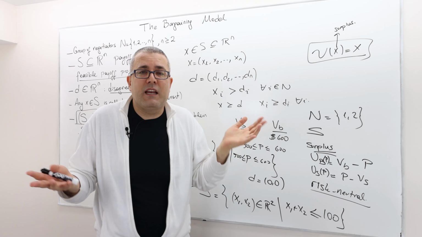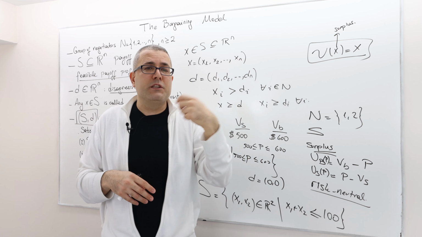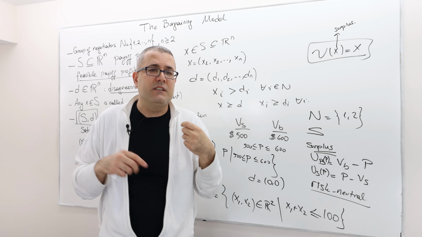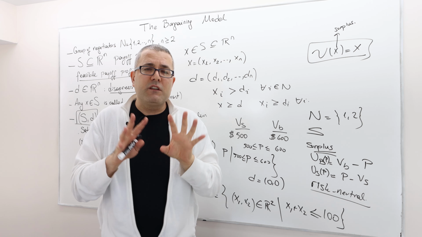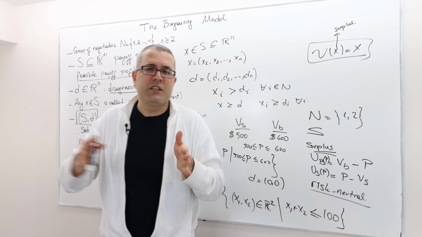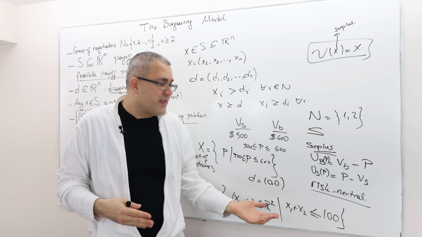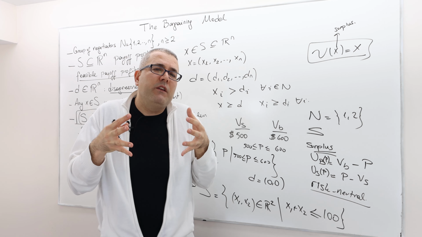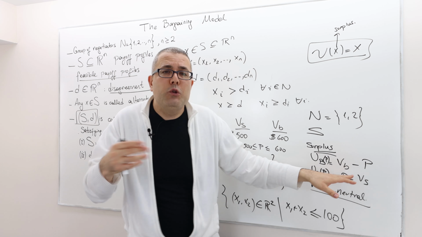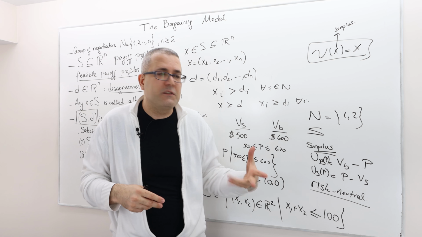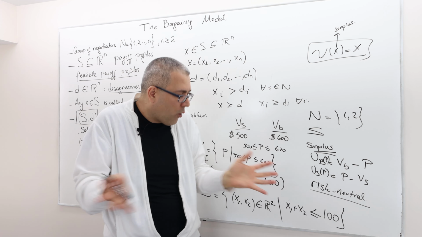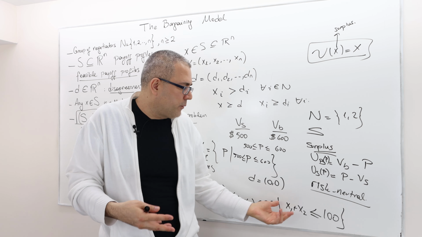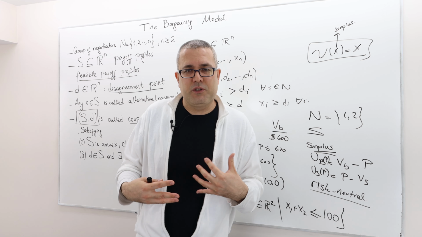Or the same for the seller, who has to pay his mortgage or whatever fees are due. So whatever the reason, if the negotiation takes longer, the amount of surplus they receive could be less than VB minus P and P minus VS, or the sum of their surpluses may be strictly less than 100.